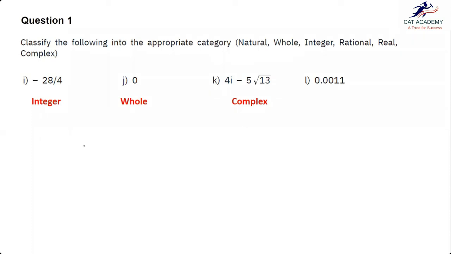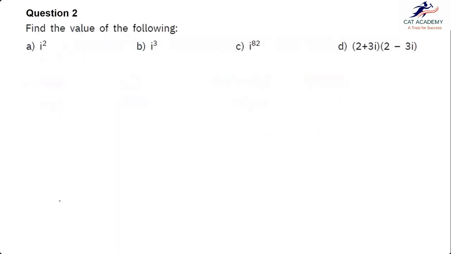This would be rational because it is ending at 0.0011. It is ending. It is not dot dot dot after that. So I can write it as a fraction like this, right? So rational. Try this.